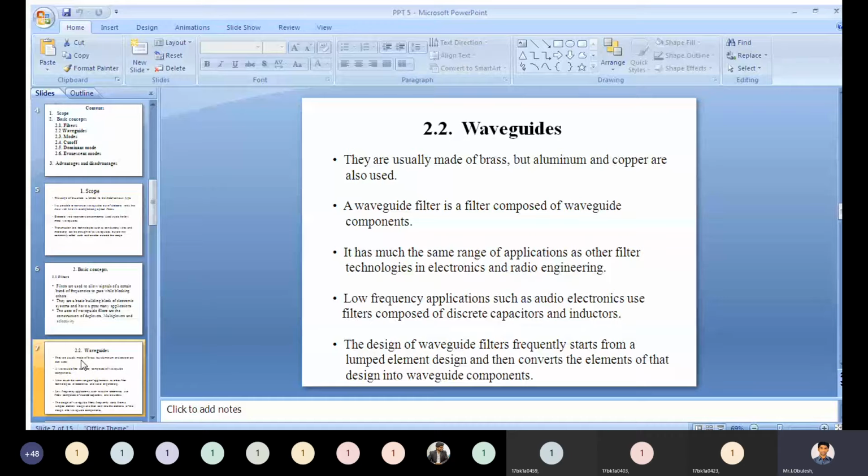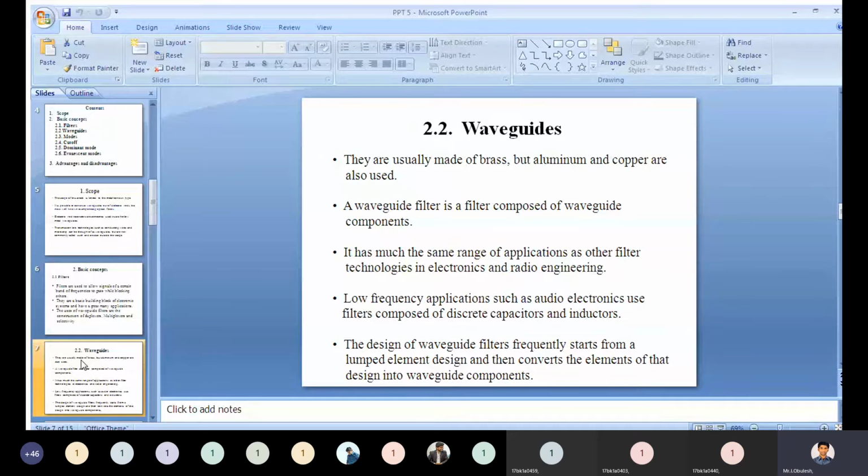Low frequency applications such as audio electronics use filters composed of discrete capacitors and inductors. Somewhere in the very high frequency band, designers switch to using components made of pieces of transmission line.